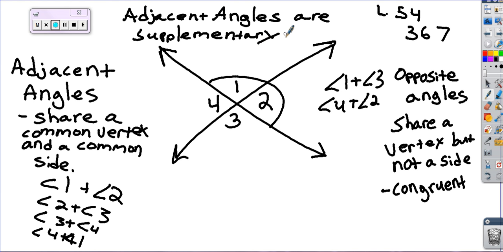Supplementary means they equal 180 degrees. When we add two adjacent angles up, they will make 180 degrees. This is kind of important information for us to know. So we can use this information to help us figure out all kinds of good stuff.